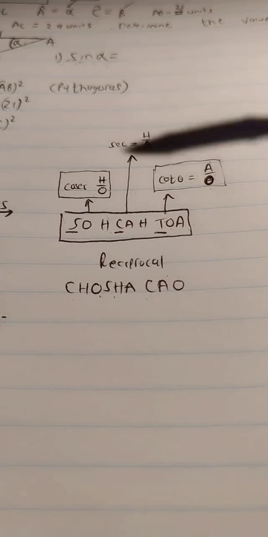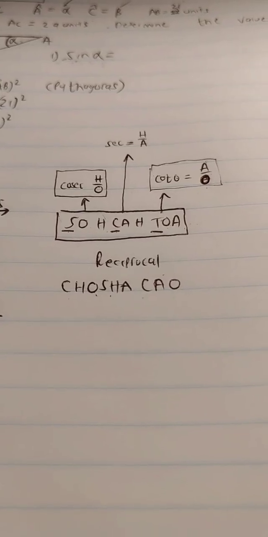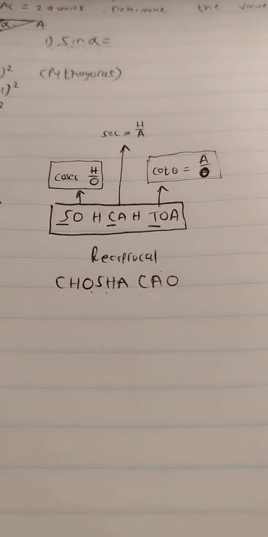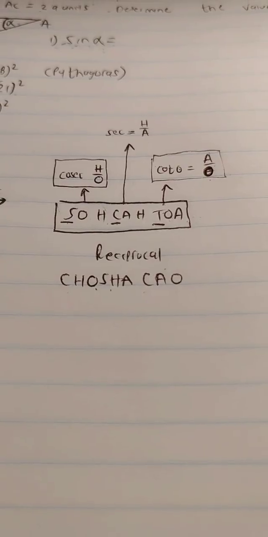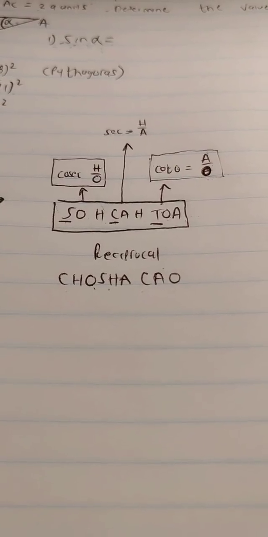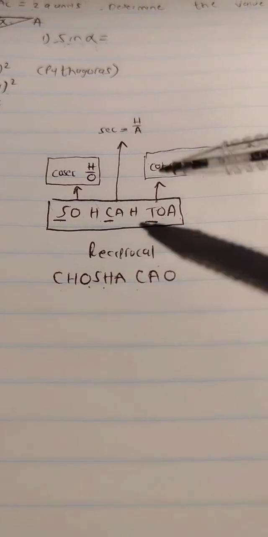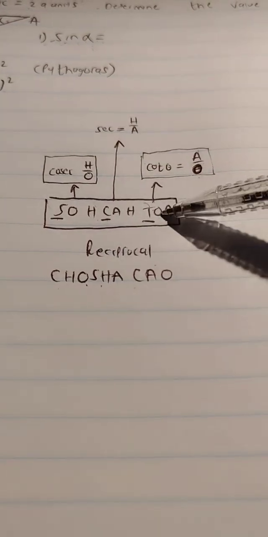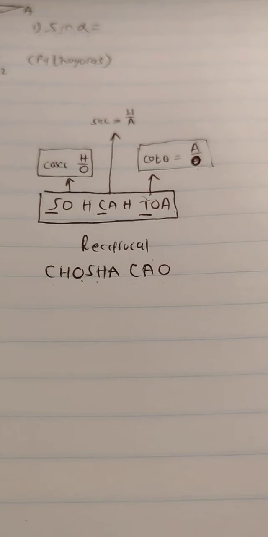We've got SOHCAHTOA, which is the basic trig ratios, but then the reciprocals are CHOSHAKAWO.